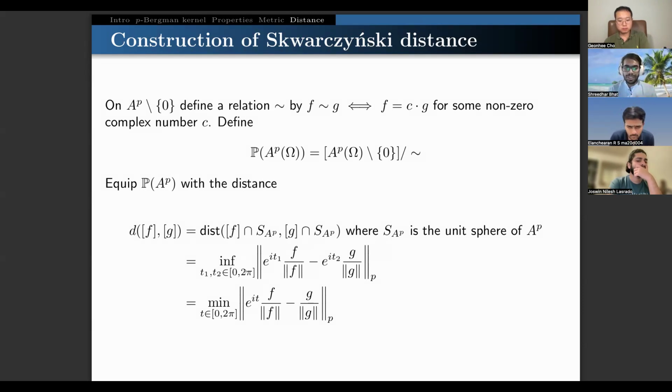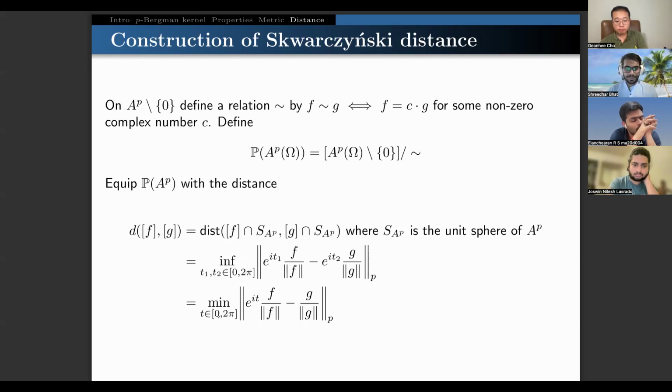That is equivalent to saying it is the infimum over any function here looks like f divided by norm f, because it has norm 1, multiplied with e^{it}. So any function here looks like this. So basically you're taking the infimum over t.